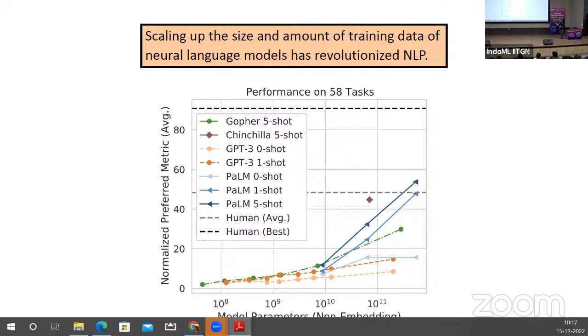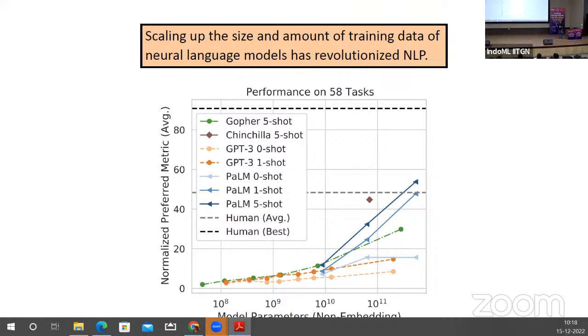So you can see that as you scale up the size of these neural language models, the performance goes up and up and up. And of course, this is a very specific collection of tasks, but you can see that in general, their performance increases quite dramatically. And so this region right here is not really accessible to academic researchers or even most industry researchers, but it is a region where we see so-called emergent properties coming out of these language models.